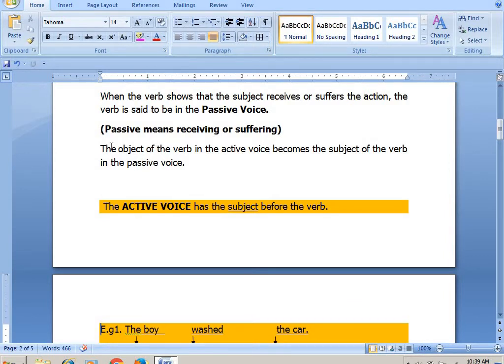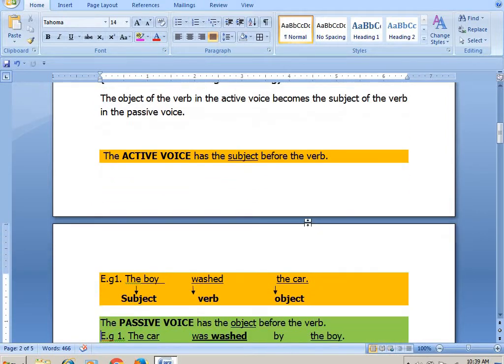The other day also I had explained it to you. The object of the verb in the active voice becomes the subject of the verb in the passive voice. The active voice has the subject before the verb. Once again I am going to show you the example. Now look here.